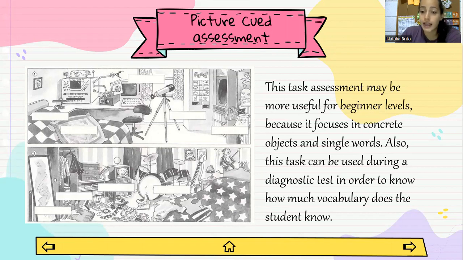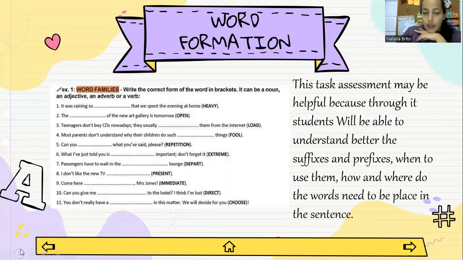Also, this task can be used during a diagnostic test in order to know how much vocabulary the student knows. As you can see, there are two different rooms, and here we have labels because students have to label the things, but they are one-word things, okay? It's like a basic activity.